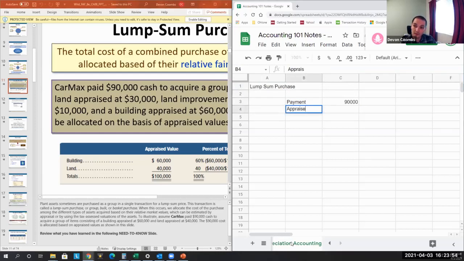The appraised value of the land and building is $100,000. We know that includes a building and land. The appraised value is $60,000 for the building and $40,000 for the land.